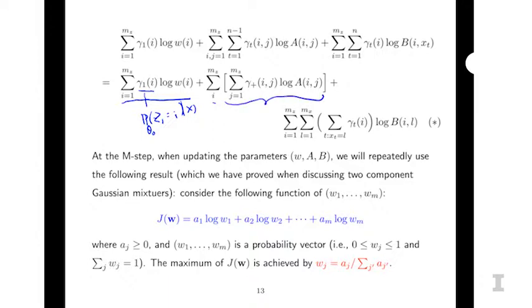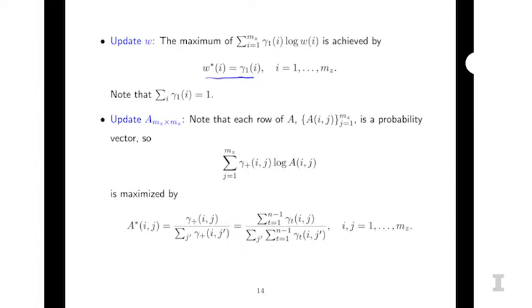Because for any given i, this over j is a probability vector, we can use our result here. So we know the optimal choice for a_ij would be proportional to this number. So that's our solution. The optimal a_ij would be equal to this. And if you spell out the definition of gamma subscript plus, we have this expression.